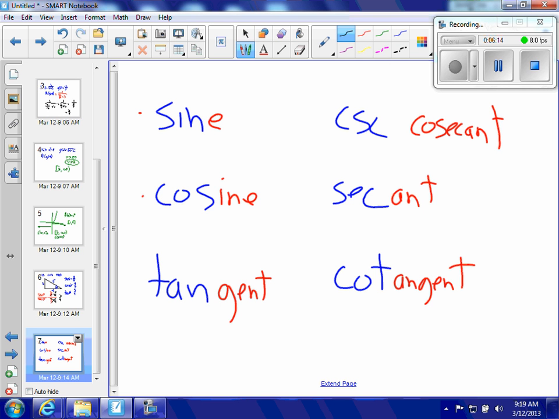Cosecant is 1 over sine. Secant is 1 over cosine. And cotangent is 1 over tangent. So if I know sine and cosine, I can find tangent, and I can do the reciprocal of all these. And I've got all 6 trigonometric functions. Piece of cake.